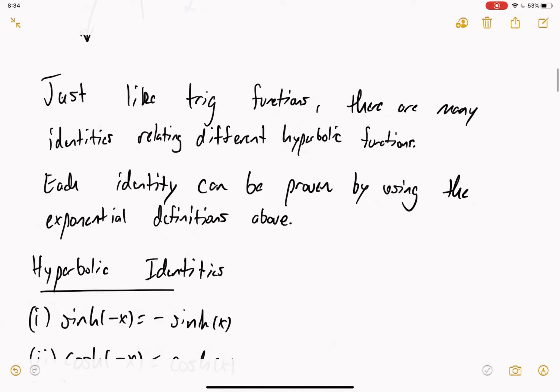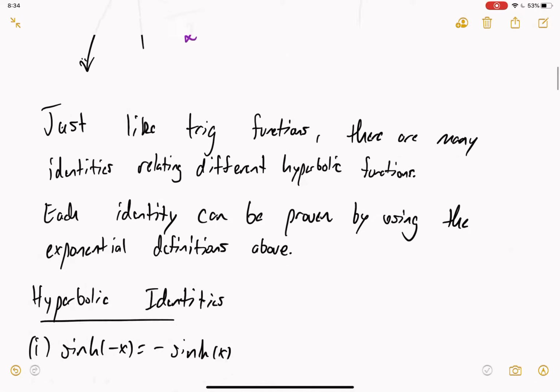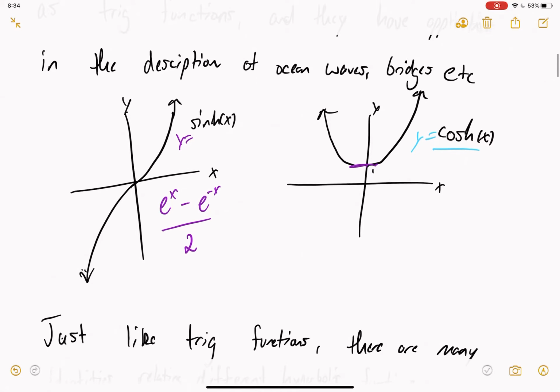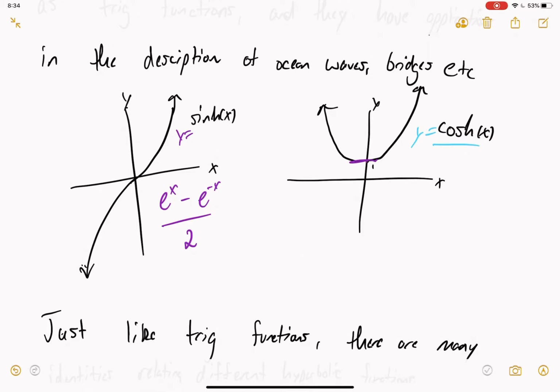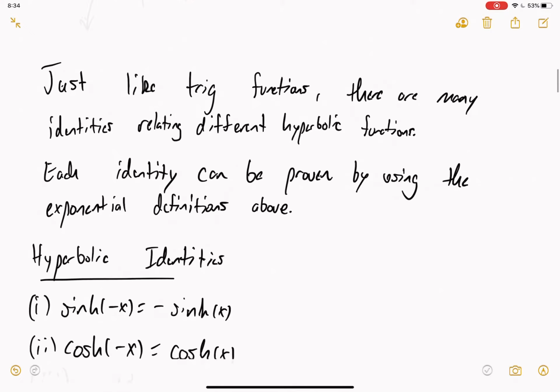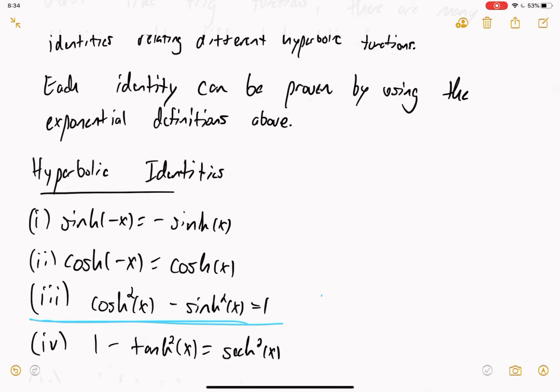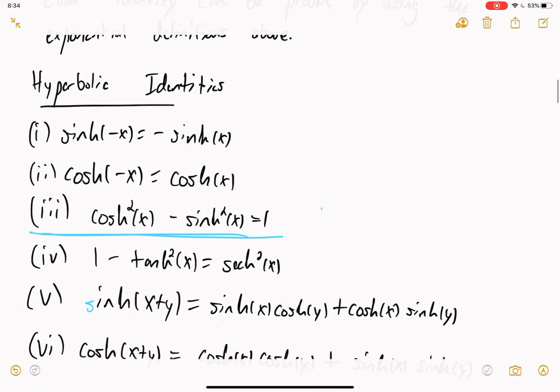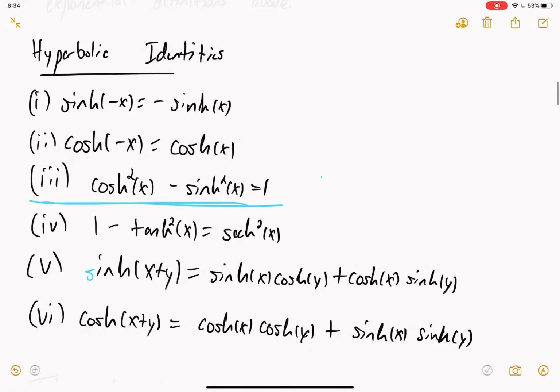Just like trig functions, there are many identities relating to different hyperbolic functions. Each identity can be proven using the exponential definitions above. So you can just verify these with the exponential definitions. I'm going to just read them.